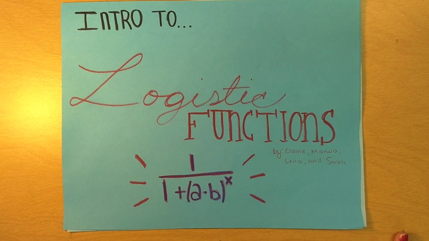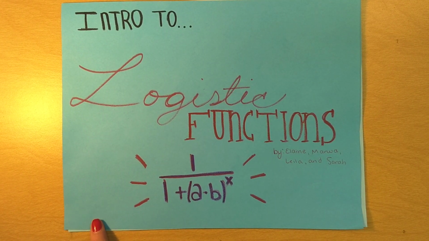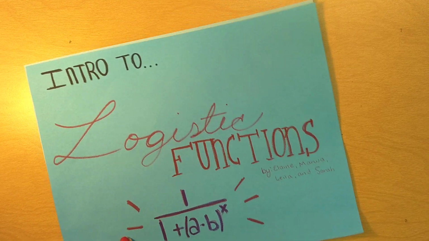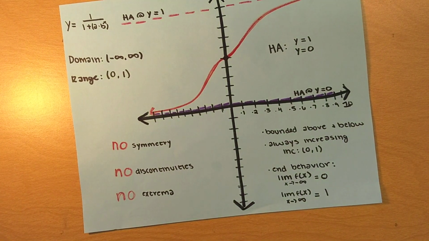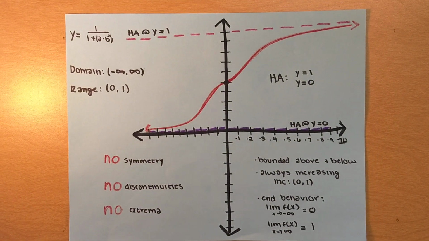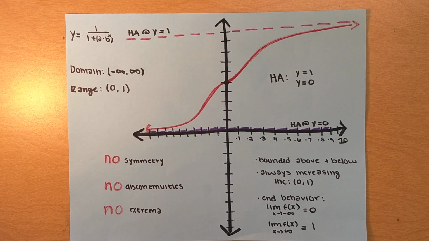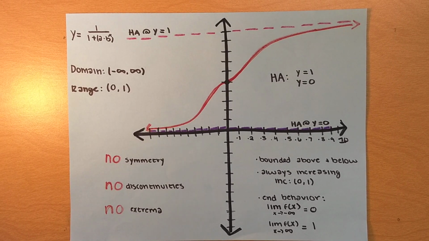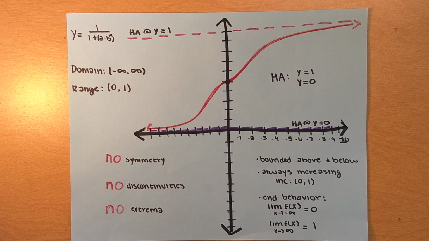So we have logistic functions, and the equation is 1 over 1 plus a times b to the x. The function has no symmetry, no discontinuities, and no extrema because it continually moves up toward the asymptotes forever.